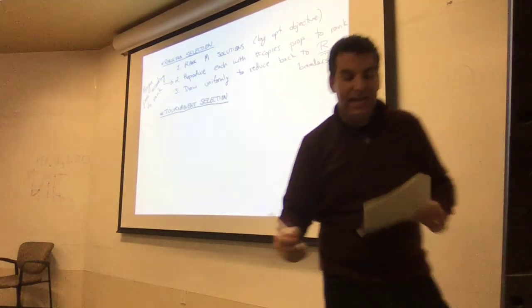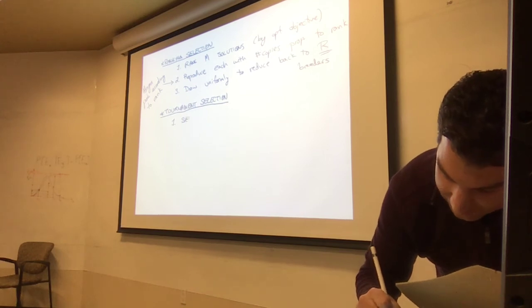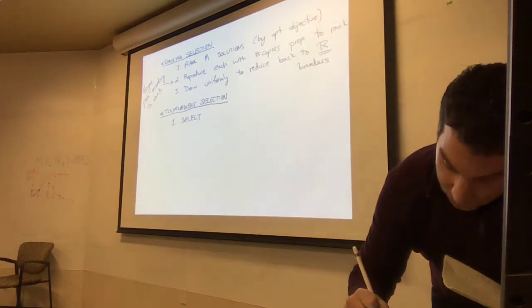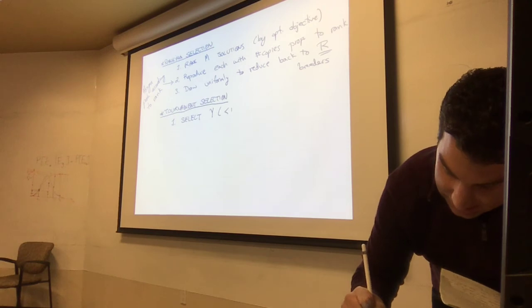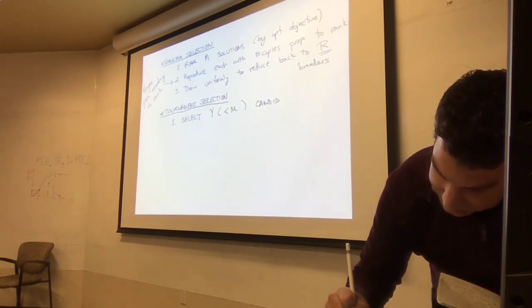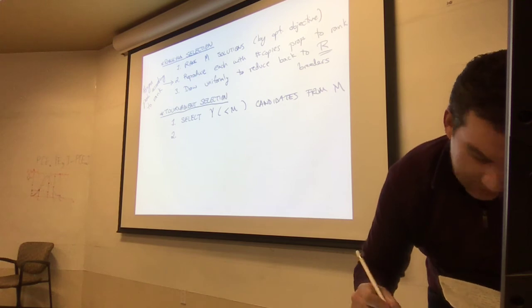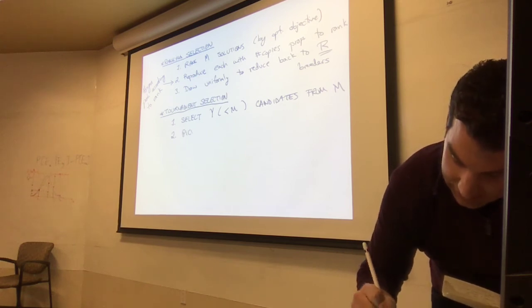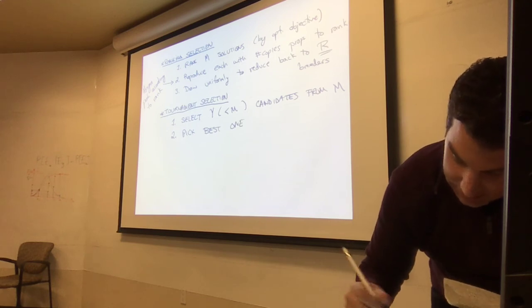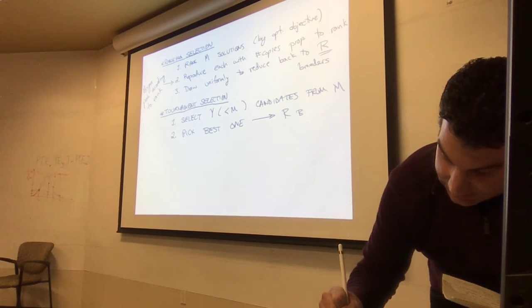is tournament selection, which introduces a different hyperparameter. So we select Y candidates from M, and then we pick the best one, and then that goes into the R breeders.